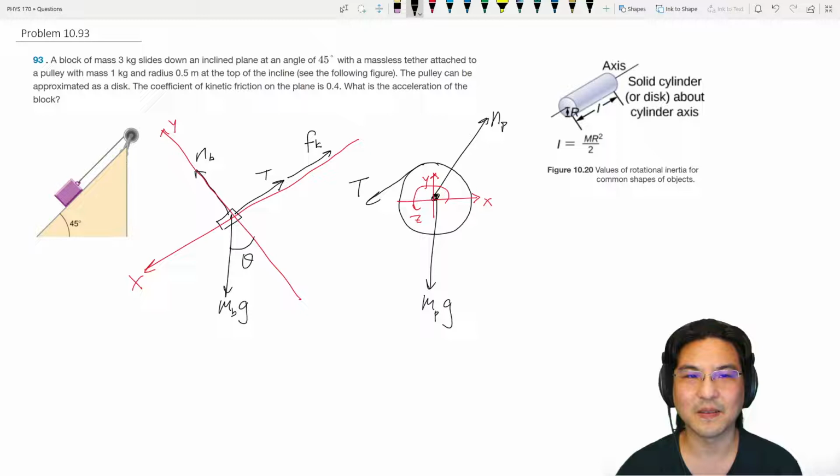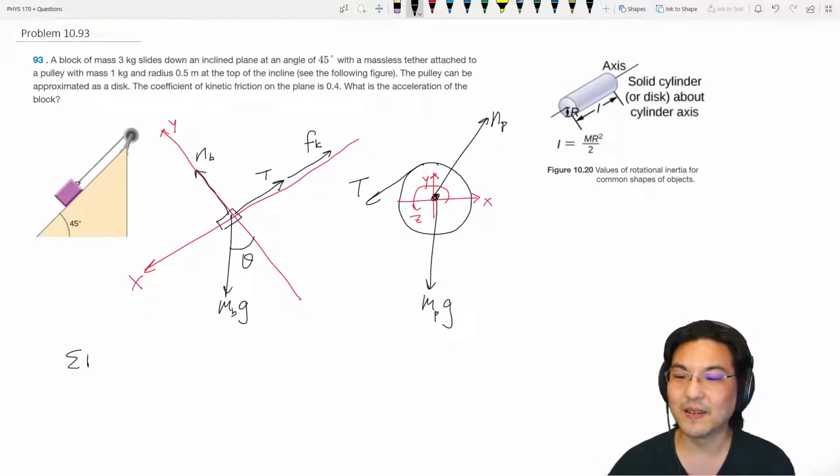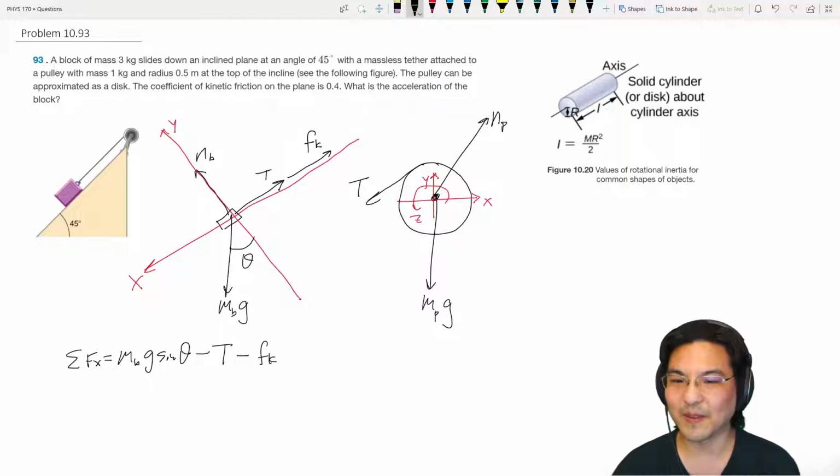And that's it. Okay, so now let's write Newton's laws. So for the block, in the x direction, we got mB g sine theta minus the tension minus the kinetic friction, and I think we got everything equals mass of the block times the x component of its acceleration.